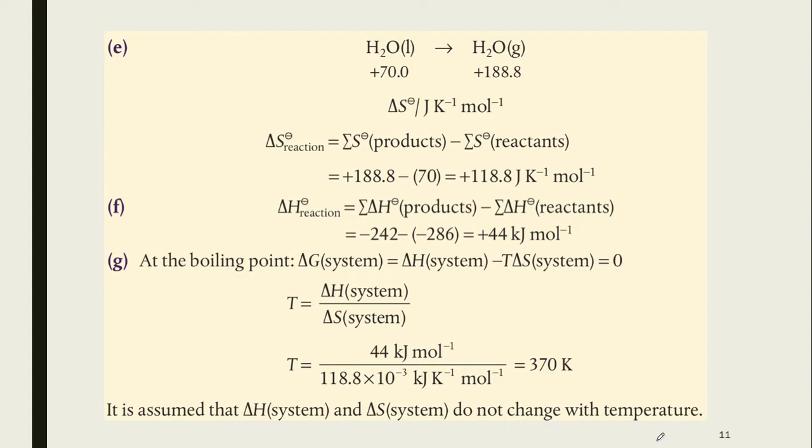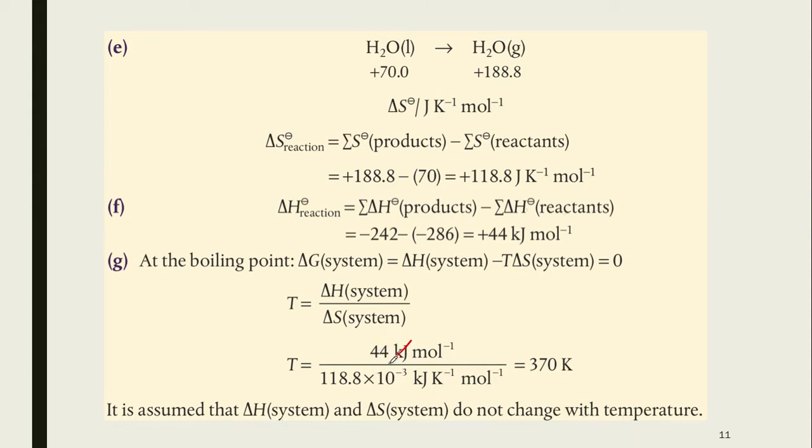We cannot just divide 44 and 118.8 because the units won't divide. As we'll see in the answer here, we input the 44 kilojoules per mole, but for the delta S, since it was in joules, we have to convert it to kilojoules by dividing by 1,000, or what they've done here is multiplying it by 10 to the negative third.